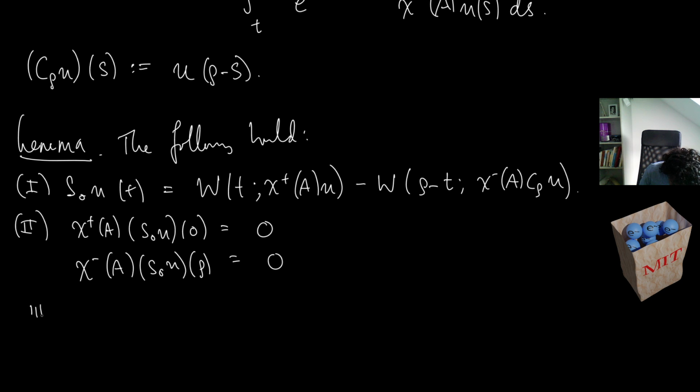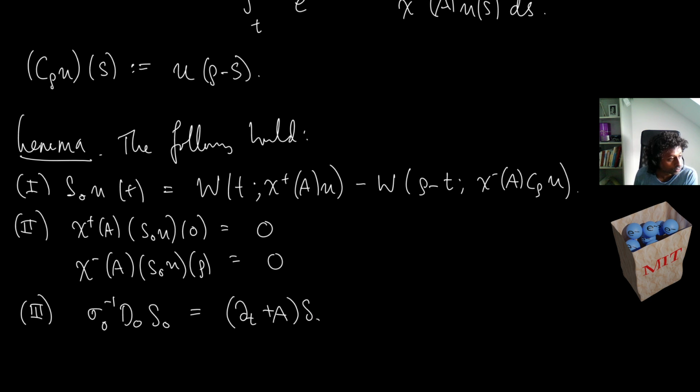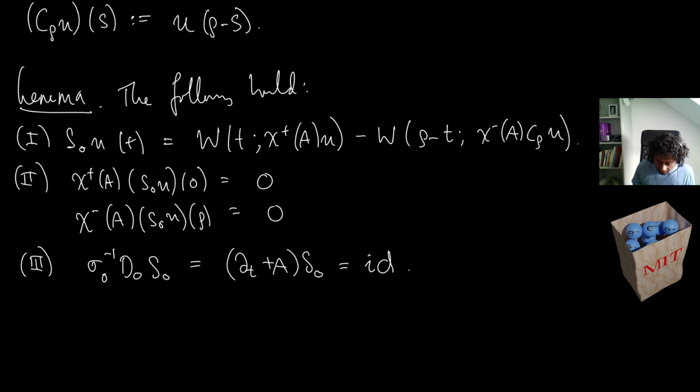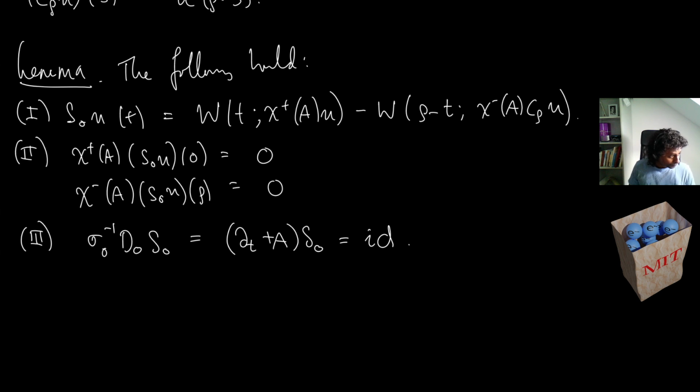And the third and very important point is this: sigma naught inverse D naught of S naught, which is equal to partial t plus A acting on S naught, is the identity. So it's a left inverse to D, up to this sigma naught term.